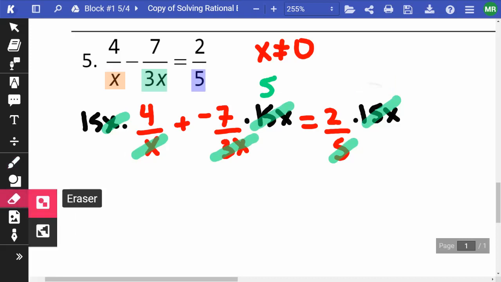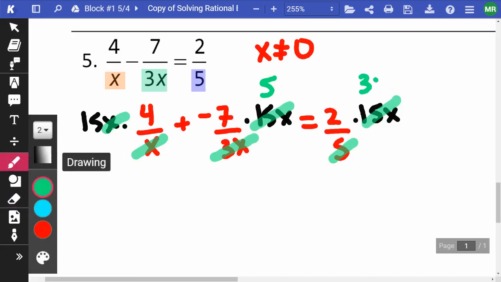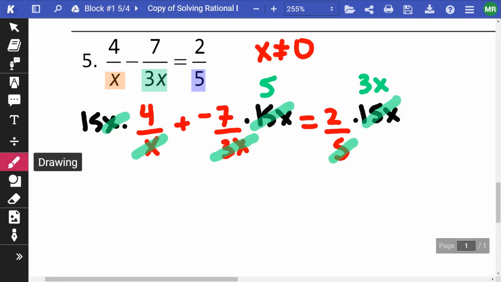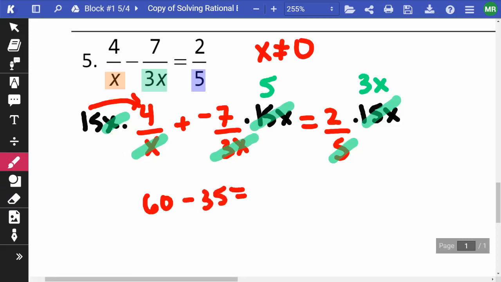And over here, this is going to be a 3x. So now when I do that math, 15 times this is going to be 60. Over here, these are going to multiply, get a negative 35 equals 6x.